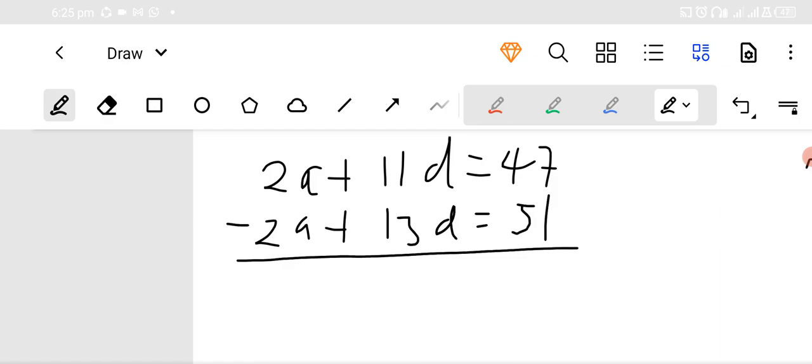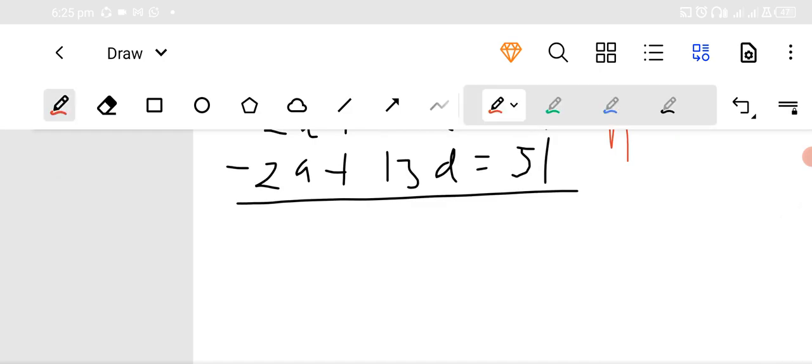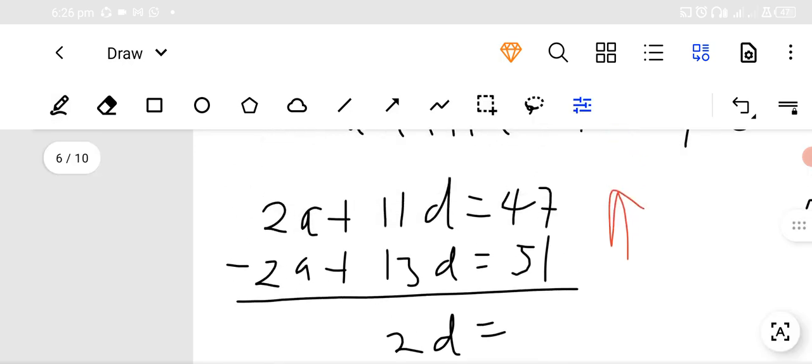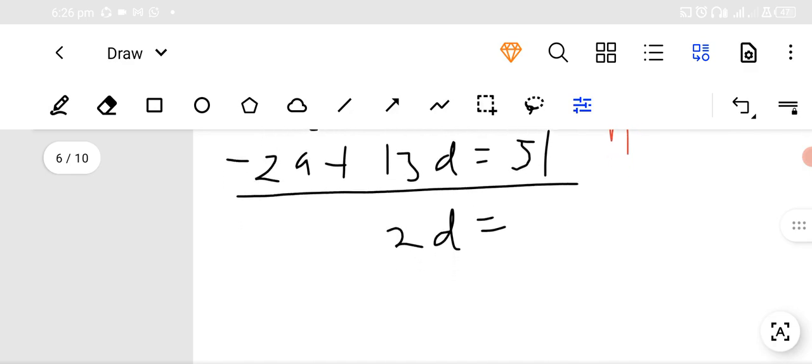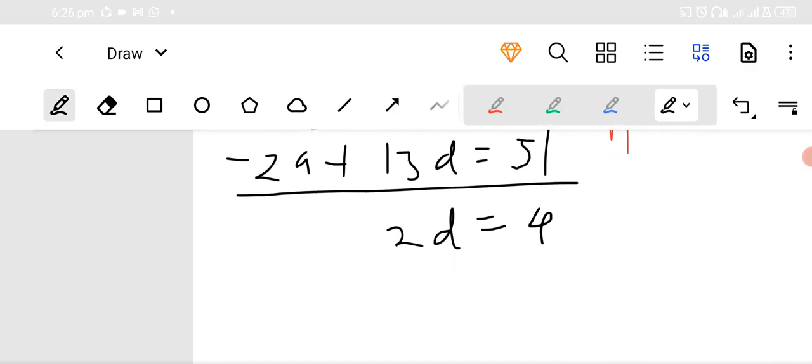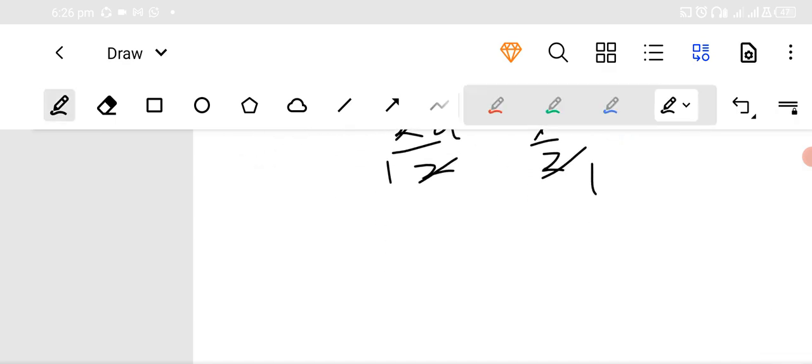Subtract, and we'll be subtracting going upwards. So it will be 13d minus 11d, which is 2d, is equal to 51 minus 47. That's going to give you a 4. Divide by 2, divide by 2, and that is a 2. So we're going to have d is equal to 2.